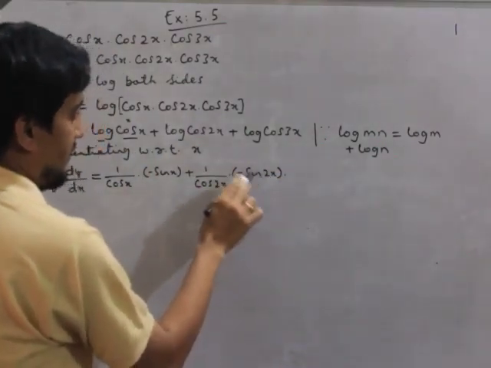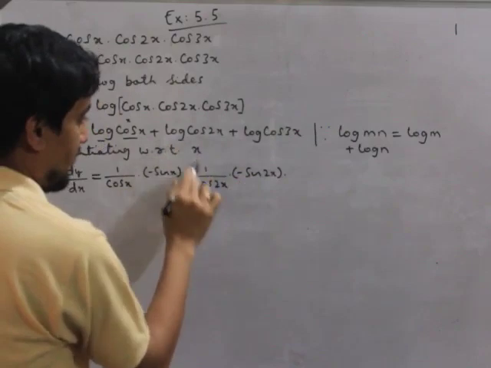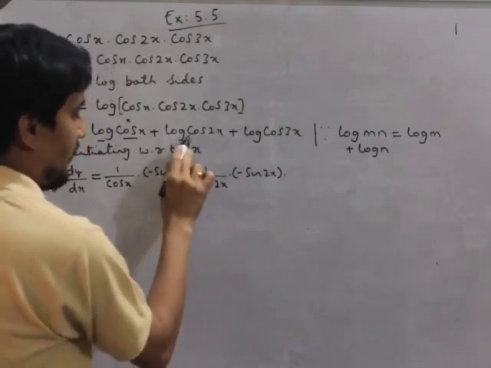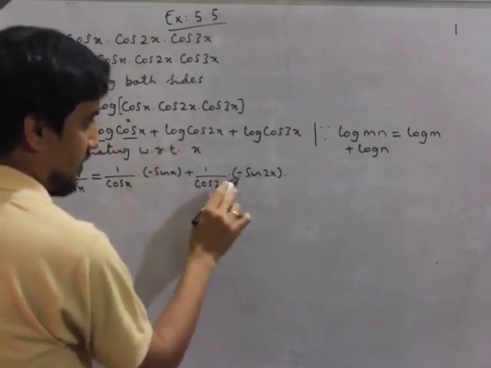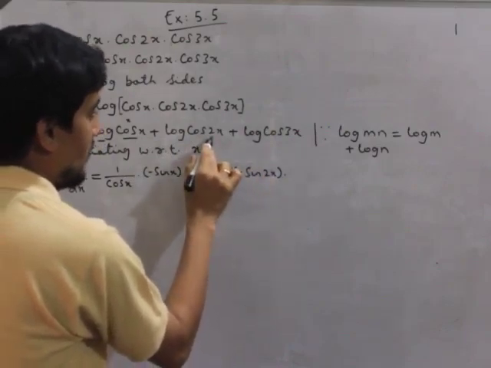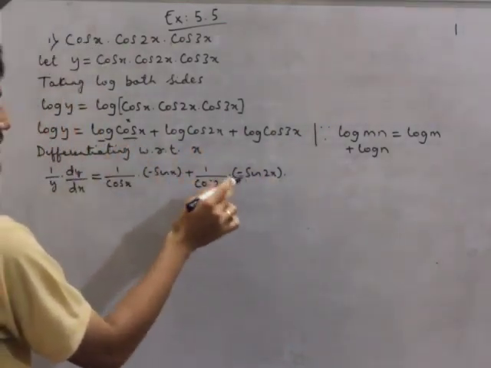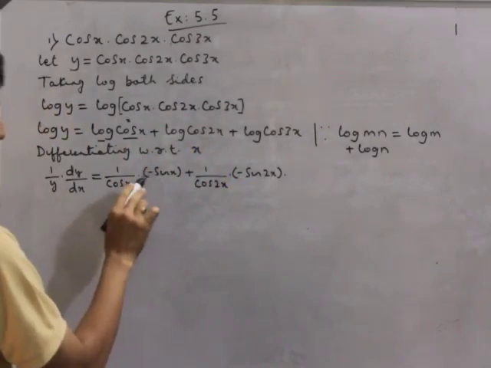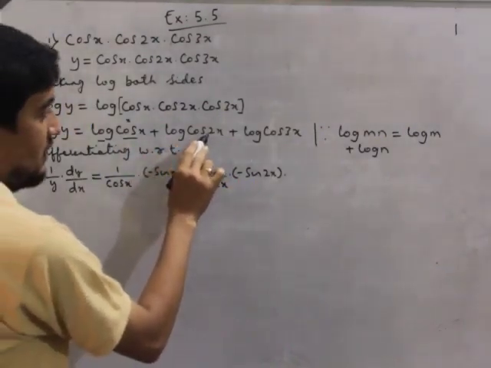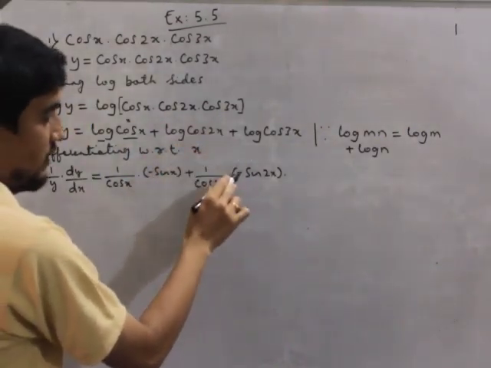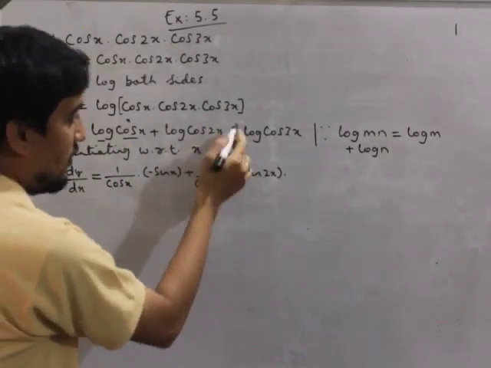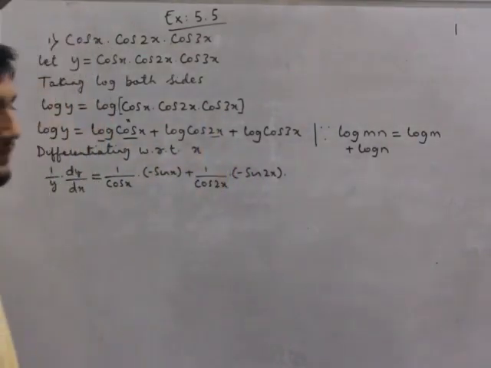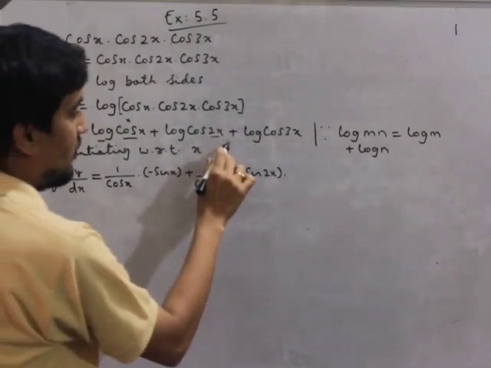So it's not over yet. I have differentiated log function, it is here. Now I have differentiated cos function, that is here, minus sin 2x into, if it was only x, I would have written directly minus sin x as I have written here. In this case it is cos 2x. So minus sin 2x into differentiation of 2x. Differentiation of 2x is what?